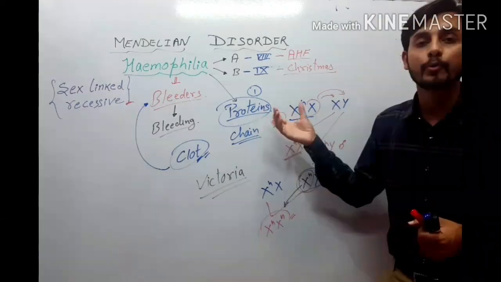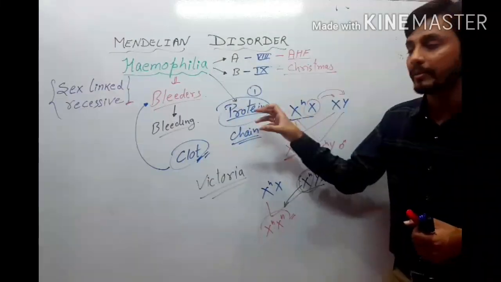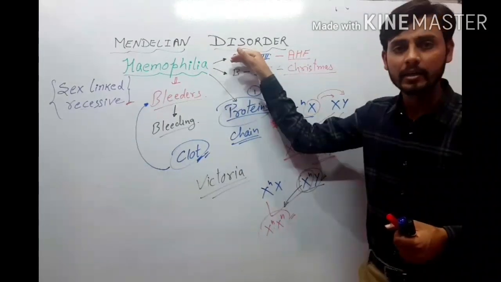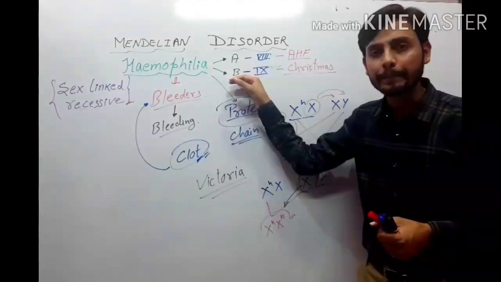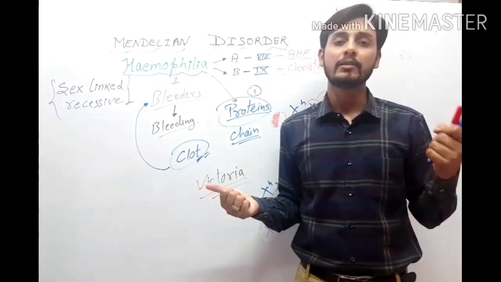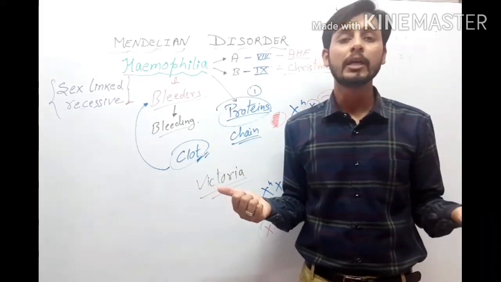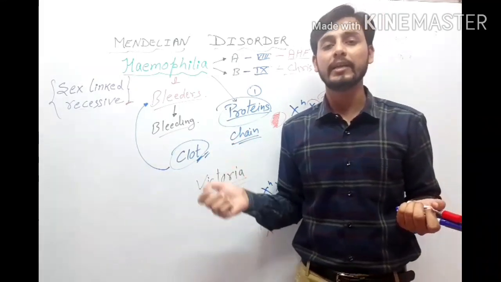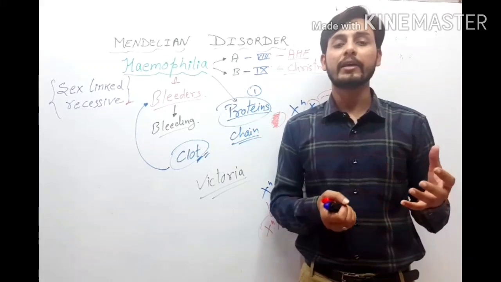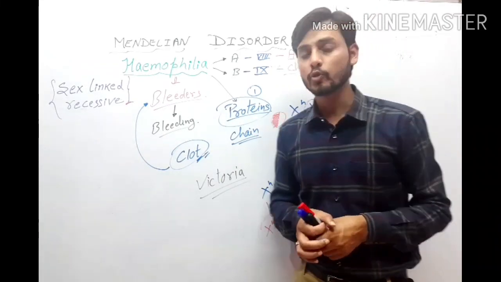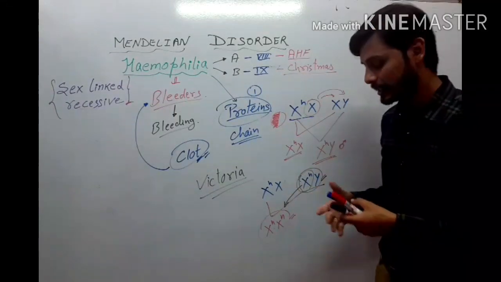On that basis we classify hemophilia into two types, Haemophilia-A and Haemophilia-B. Haemophilia-A is because of clotting factor 8 and Haemophilia-B because of clotting factor 9. Clotting factor 8 is also known as anti-hemophilic factor, whereas clotting factor 9 is called the Christmas factor. So these are the disorders.